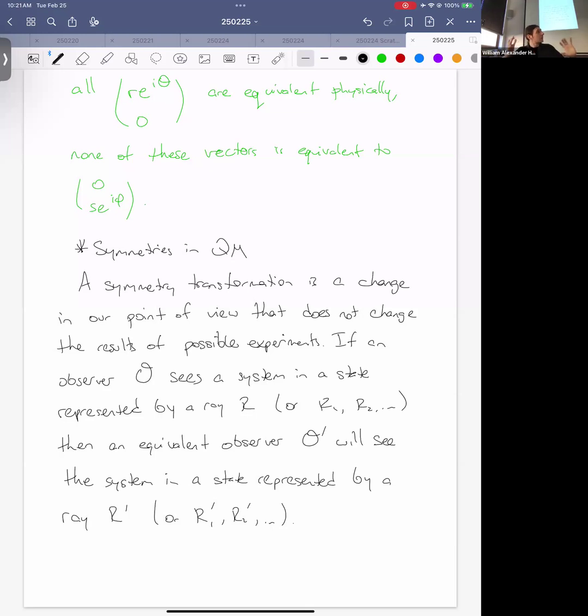However, while the representation may be different, we must have that the observers agree on the results, or agree on the probabilities for the outcomes of experiments.